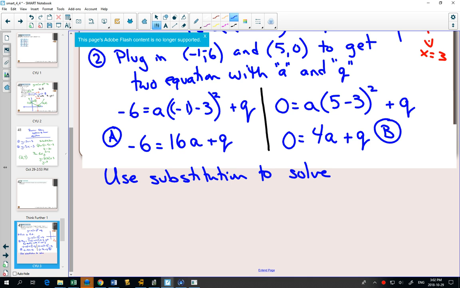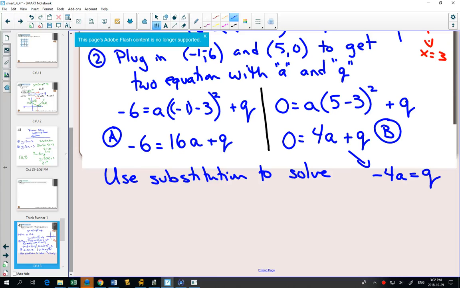Which letter do you think would be the easiest to get all by itself, a or q? q. Which one do you want to get q by itself in, equation A or equation B? B? So if I get q by itself, I would have to subtract 4a on both sides to get q by itself. Are you okay with that being equation B rearranged?